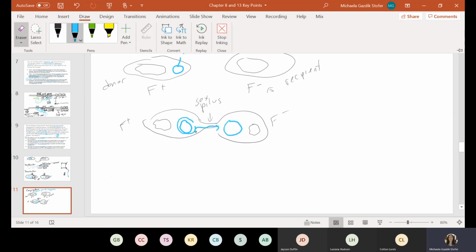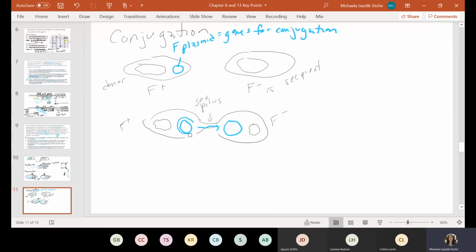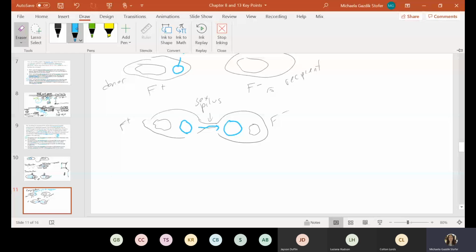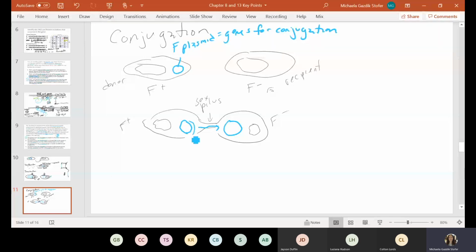We remove the outside strand because it's now moved from the donor to the recipient, and then DNA replication has to happen to rebuild the double-stranded DNA molecule in both this cell and this cell that got the one single strand. And what's happened is our F negative is now an F positive cell.